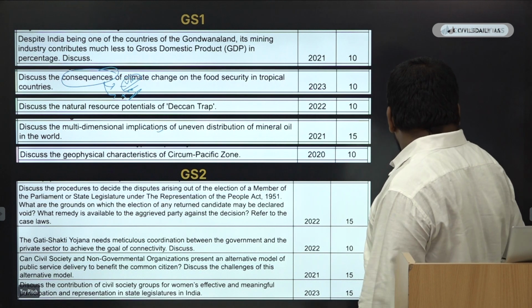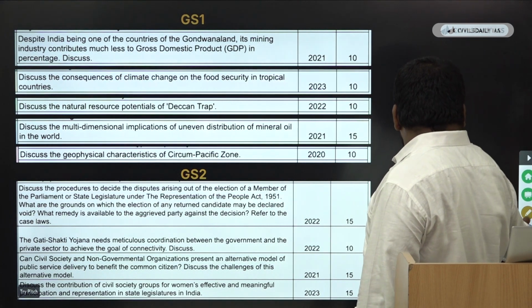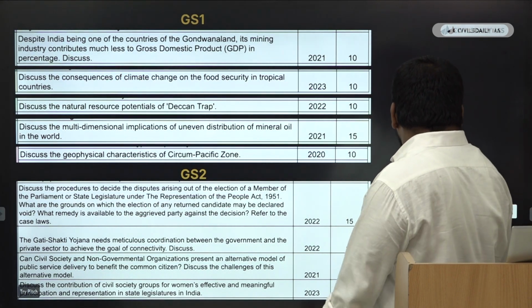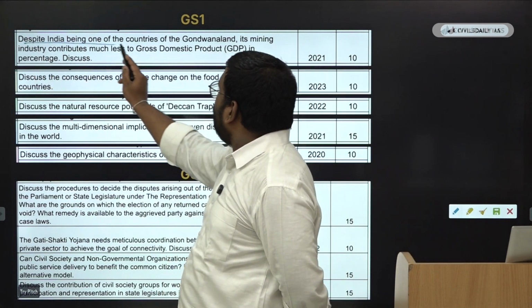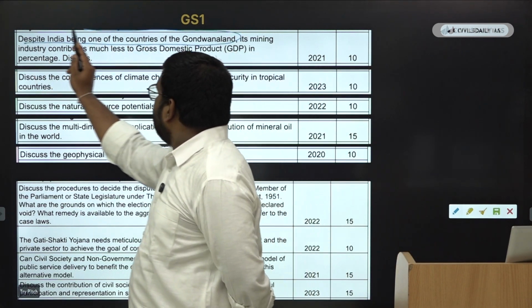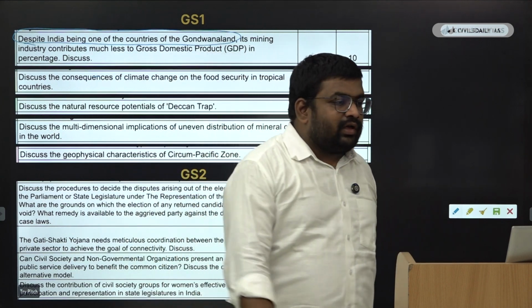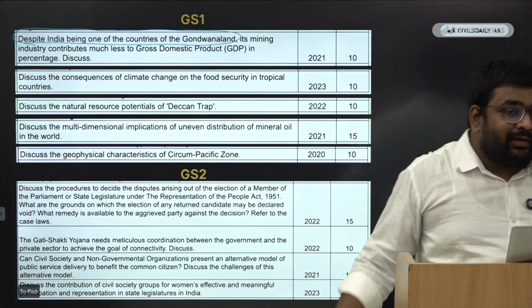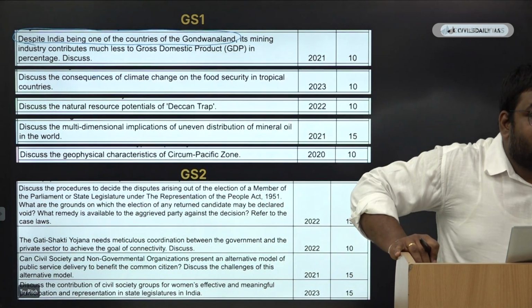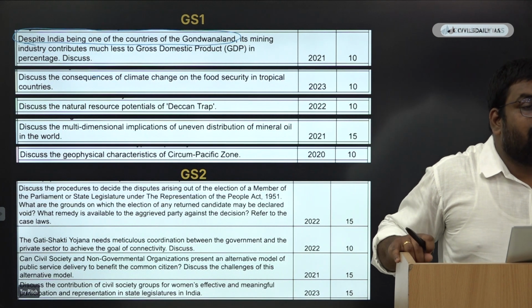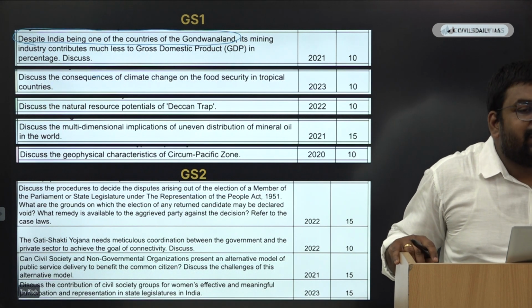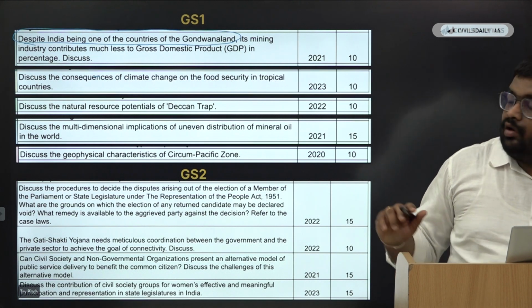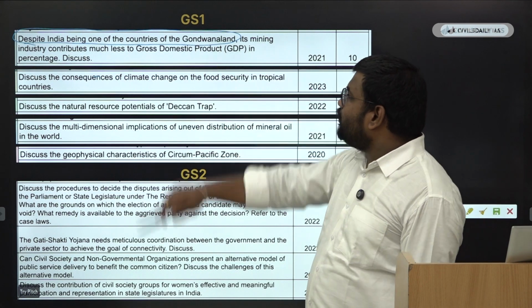Right. Then here the multidimensional question or the bidirectional question: despite India being one of the countries of Gondwana land. So basically you have to highlight the importance of being a country in Gondwana land. Means basically you have to highlight the potential, India's coal reserves or the overall India's mineral reserves. That was the first part.